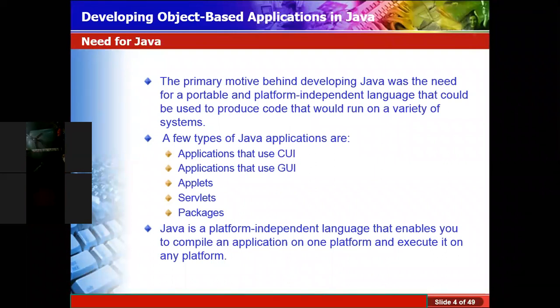You can create it on one platform and run it on a different platform, like Ubuntu or Linux operating system, anywhere you can use it. Clear? Take a snap of this slide, this note.